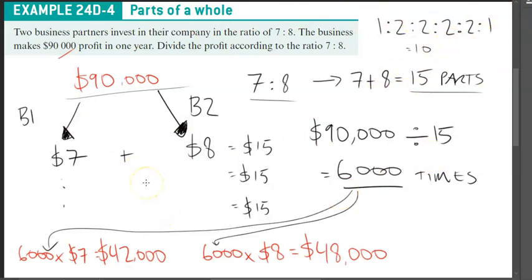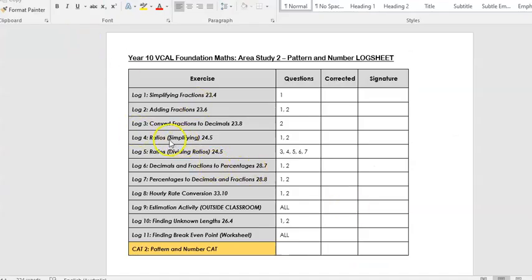Okay. So the set questions that you need to do, guys, from the log sheet. Here's the log sheet set questions. So log 4, 24.5 ratios. We're pretty much tackling questions 1 all the way to 7. Ratios is one of the set exercises which is going to take a while for you to do. So you've got the 2 lessons to complete this for the Thursday.